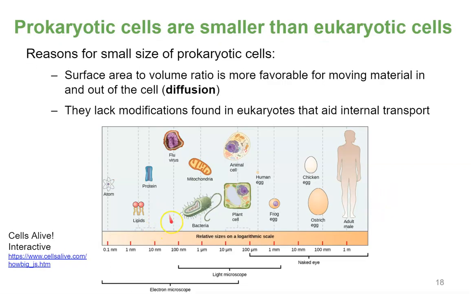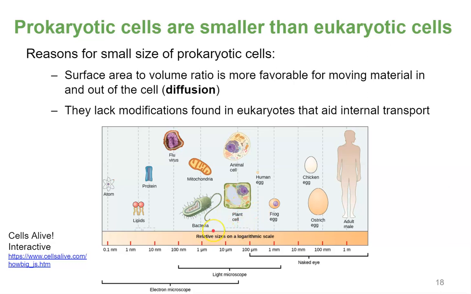Prokaryotic cells are much smaller than other cells. So here's a bacteria cell, and then here is an animal and plant cell. So bacteria cells are roughly the size of a mitochondria. So if we think about the mitochondria inside these animal cells here and the plant cells here, very, very tiny, right? You can fit a lot of them inside of an animal and plant cell.